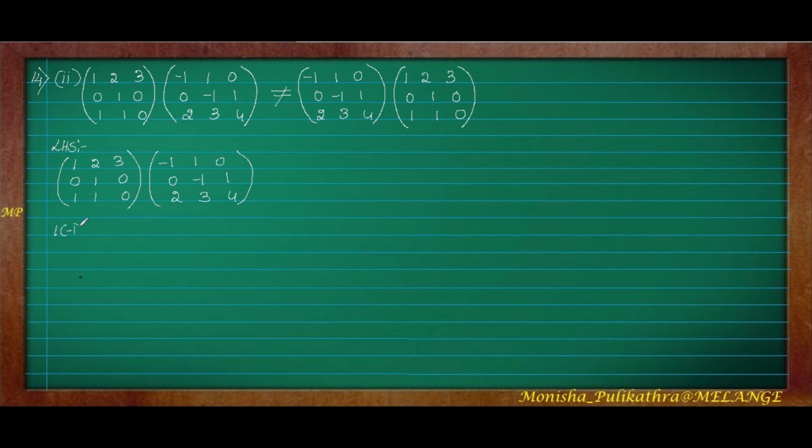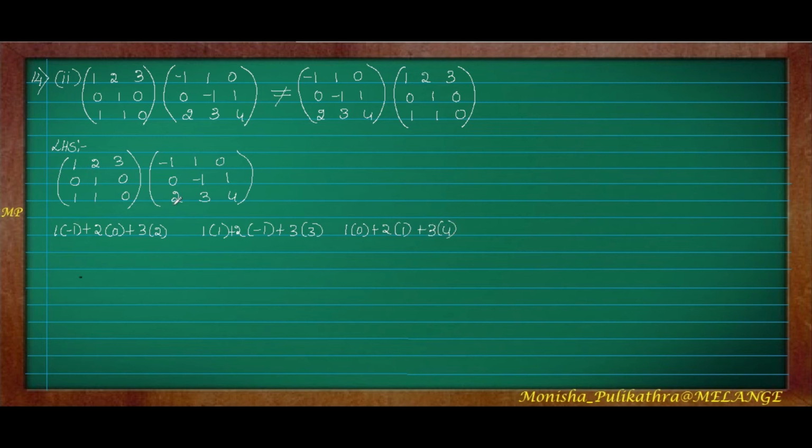It is 1 into minus 1 plus 2 into 0 plus 3 into 2. Next first row with the second column. 1 into 1 plus 2 into minus 1 plus 3 into 3. Next 1 into 0 plus 2 into 1 plus 3 into 4.